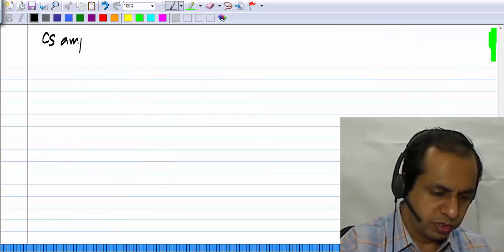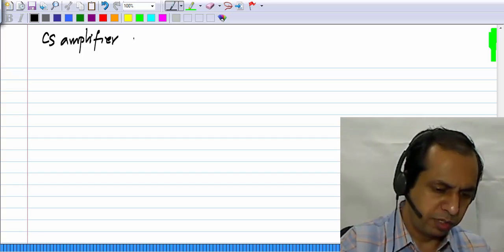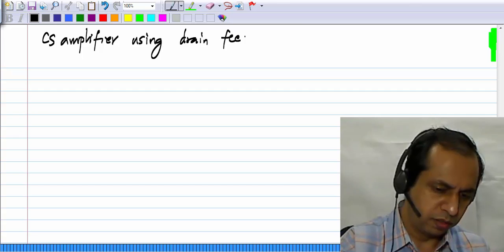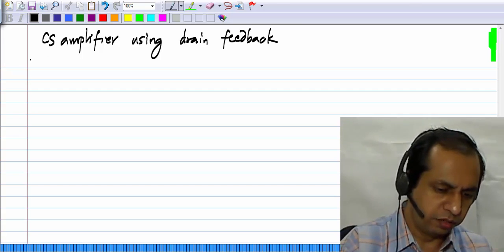So the common source amplifier using drain feedback.